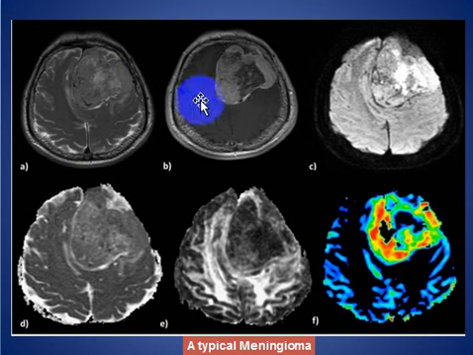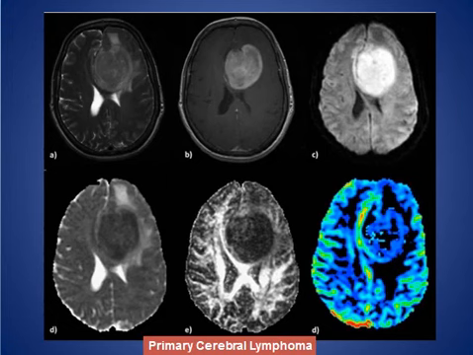This patient has meningioma, a large heterogeneous enhanced mass in the left frontal region with mass effect, with restricted diffusion, and the ADC map is hypointense, and with elevated blood volume, and this is meningioma.